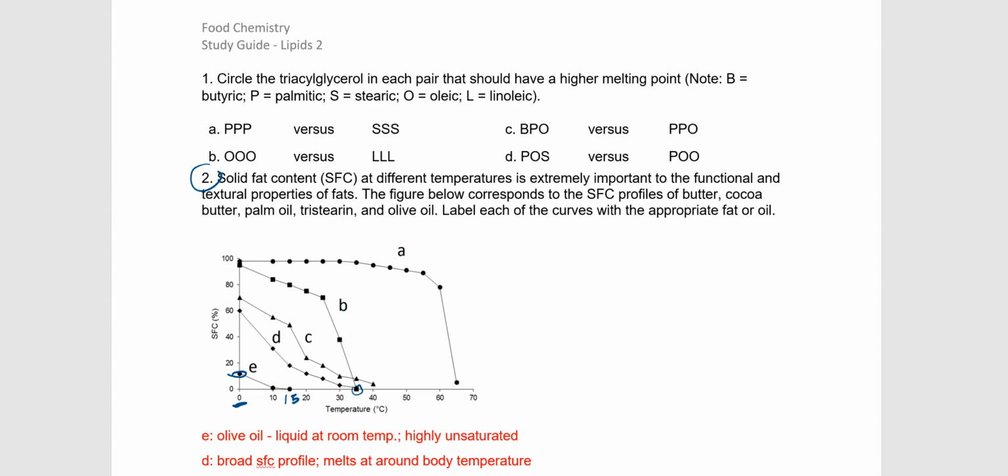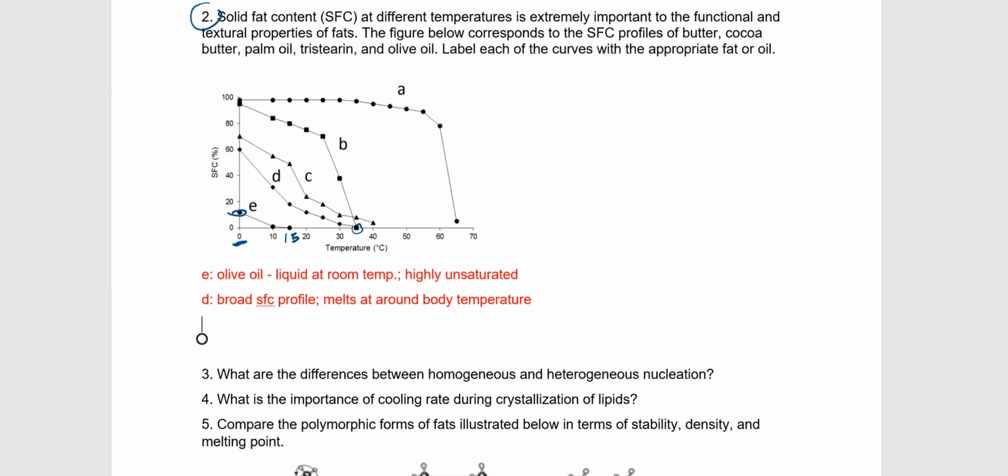Let's look at C. It has a broad solid fat content profile too. And it melts, here you see, over 40 degrees Celsius.